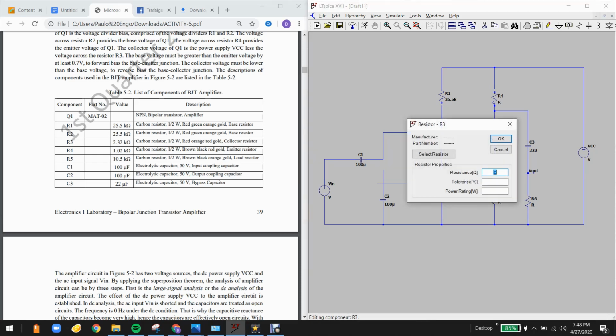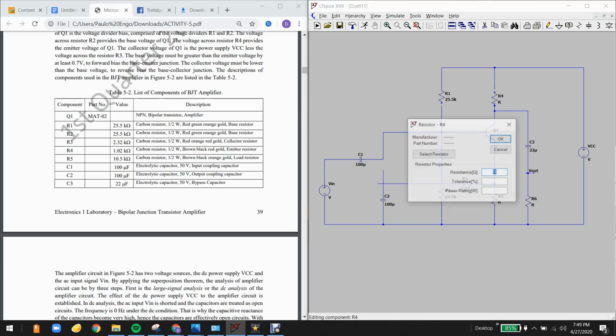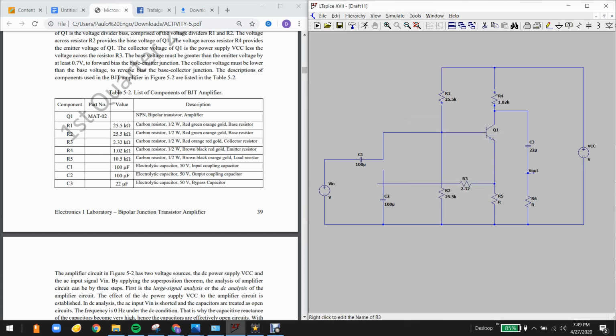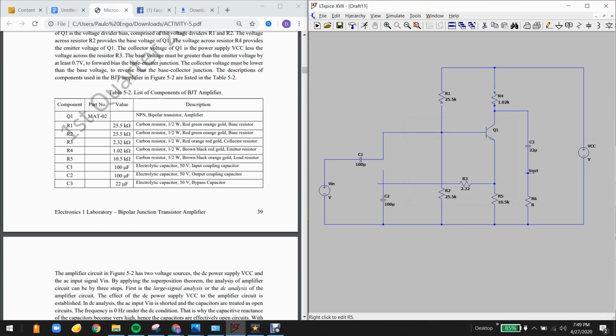R3, this one is 2.32. And R4 is 1.02K. R5 is 10.5K.